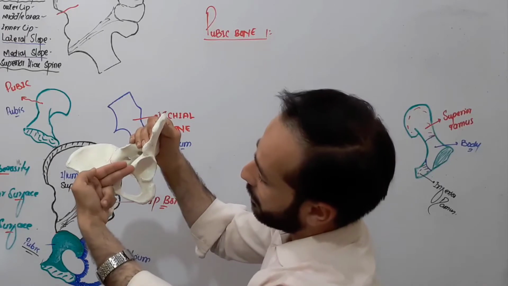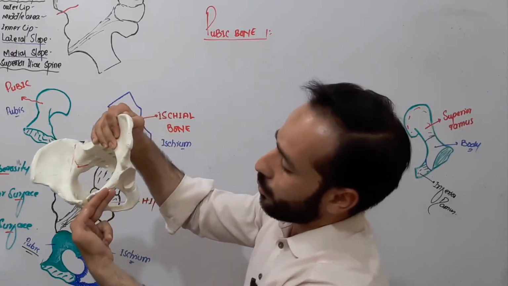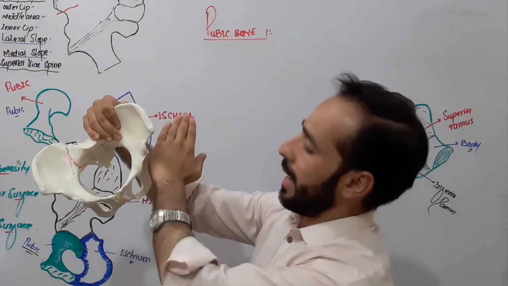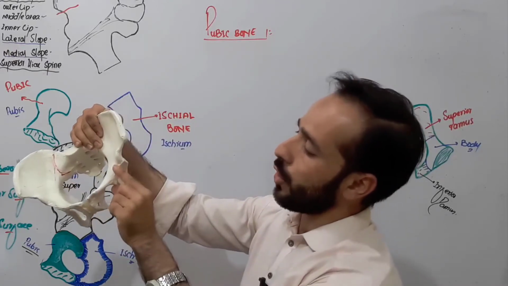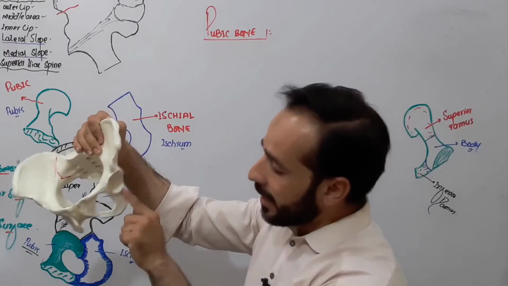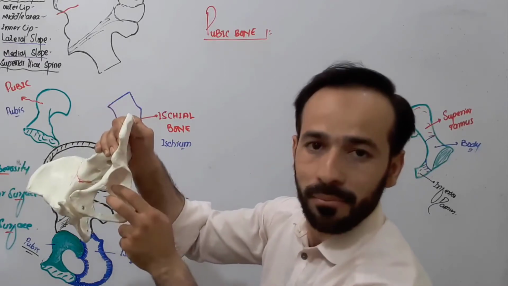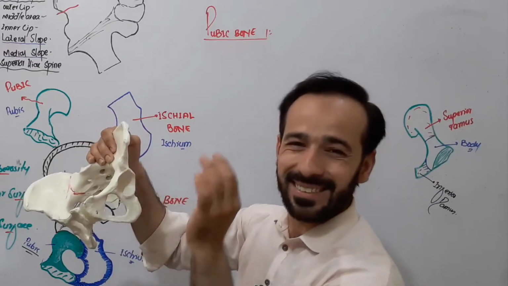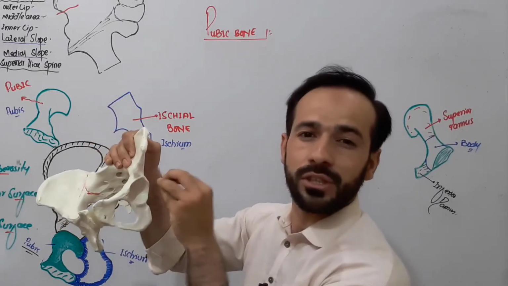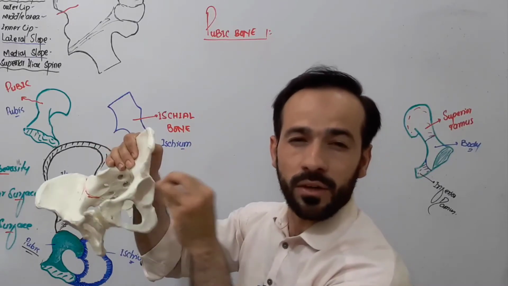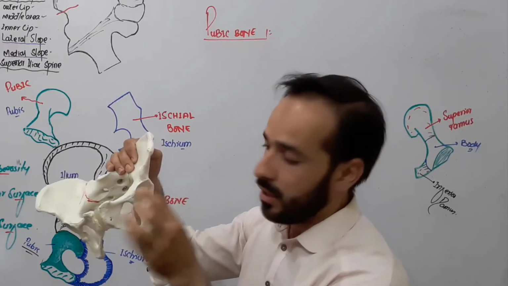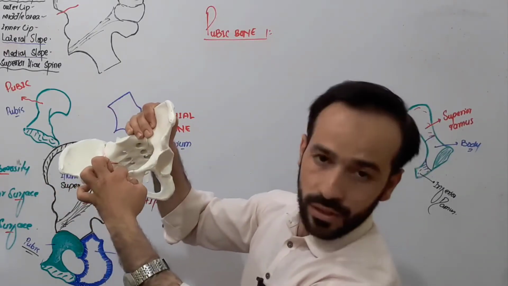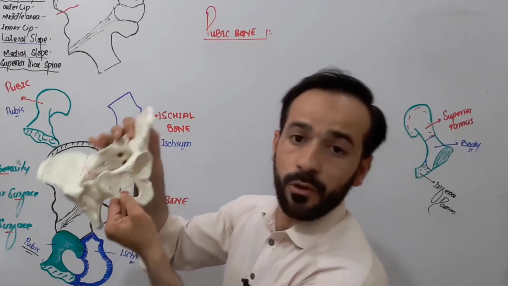The superior ramus will go backward and upward and will join the ilium and ischium at the acetabulum, right? So when it goes backward, it takes part in the formation of the acetabular fossa or acetabulum, right? So this part is called the superior ramus. This is the body, and this part is called the inferior ramus.